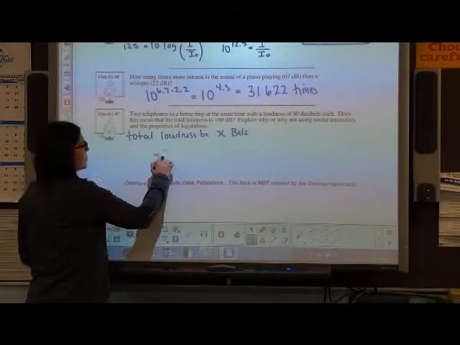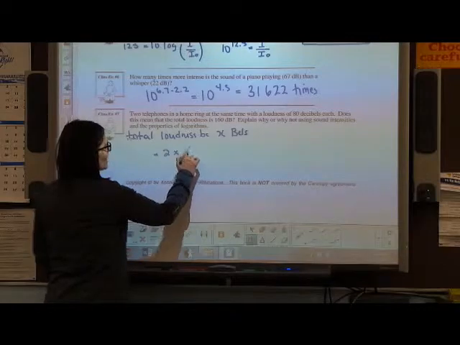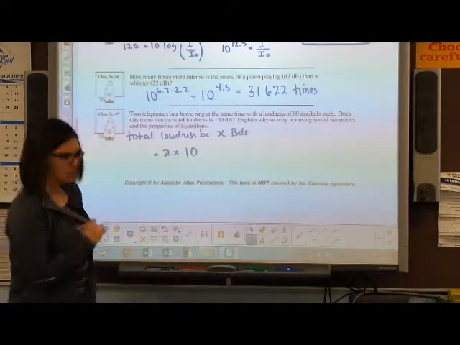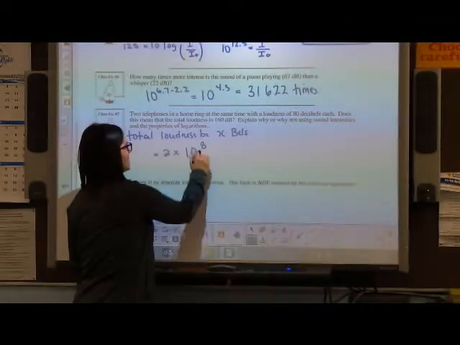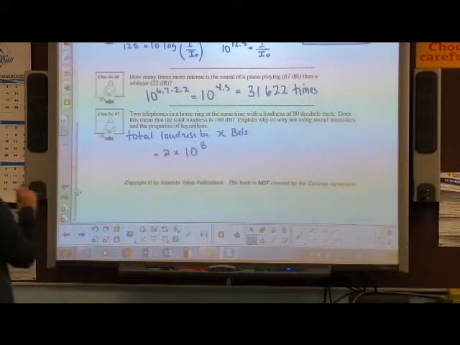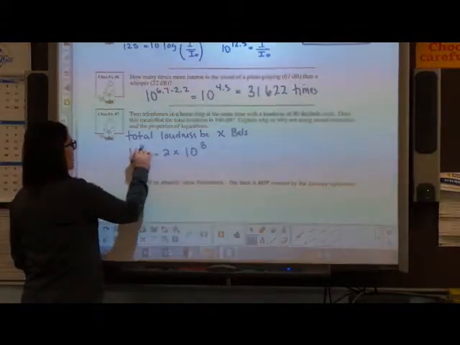So I have two phones that are running with an intensity of 10 to the power of 8, and I want to know what that is going to equal, 10 to the power of X.